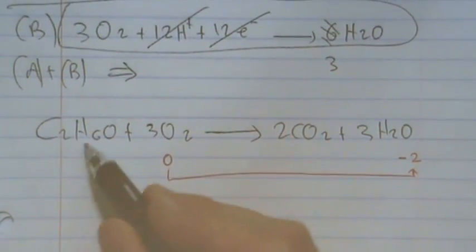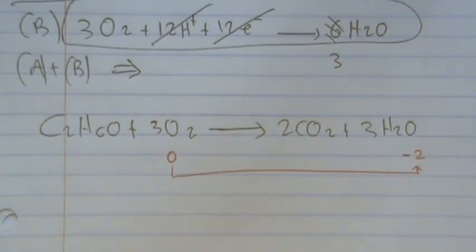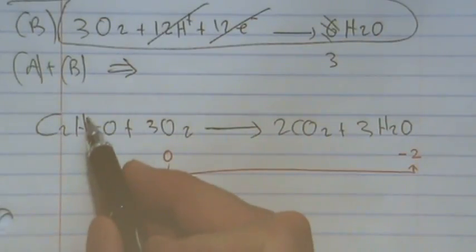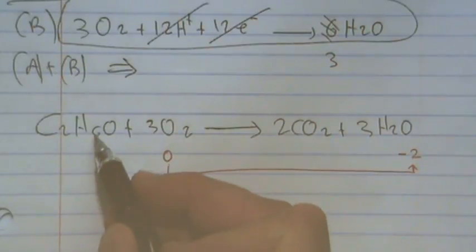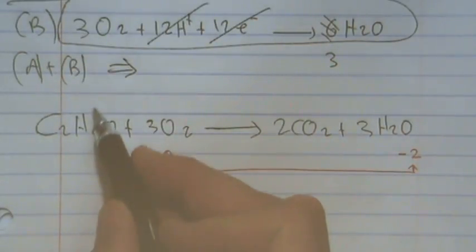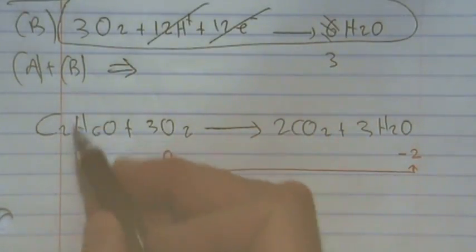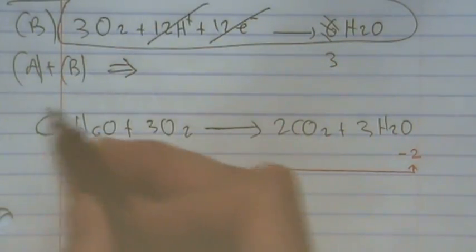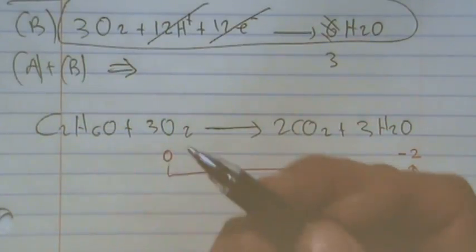And the carbon, right? Carbon goes from -2... plus 1 times 6, so +6, -2 makes +4. I want this to be -4 because the total has to be 0. If this has to be +4, 2 times, what will give you +4?